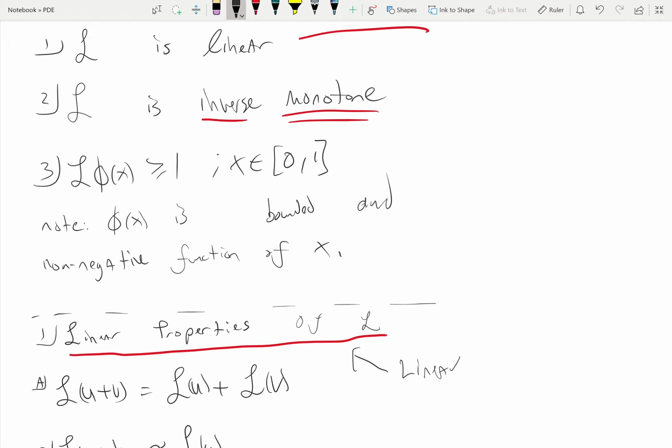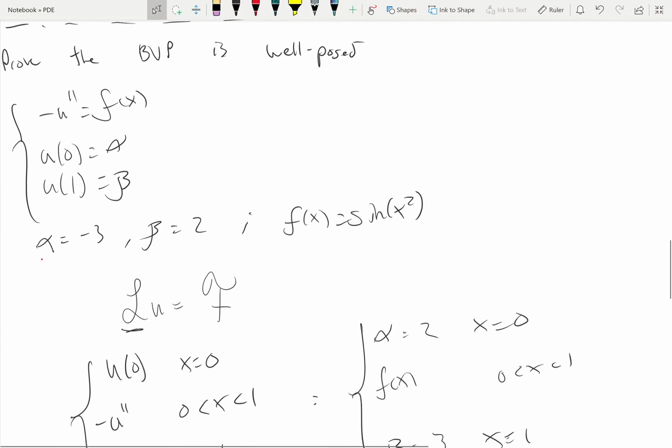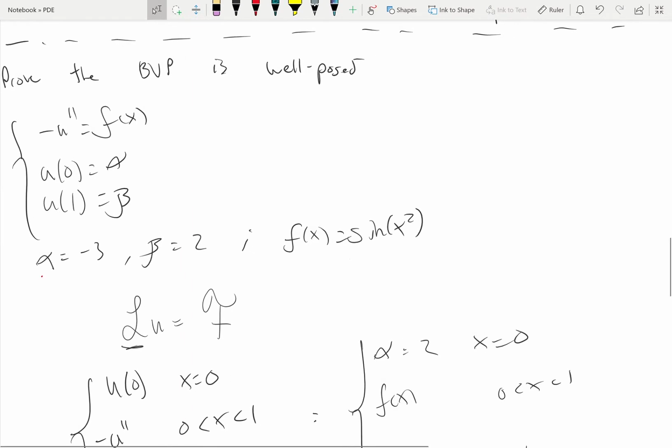And 3, L of phi is greater than or equal to 1, and phi is a bounded and non-negative function of x, which is kind of an arbitrary one that we just make up, but it has to be suitable for our problem. So here's our boundary value problem. We have negative u double prime equals f of x. Now I already proved that this is linear, right? In this video I just proved that negative u double prime is linear. And we have two boundary conditions.